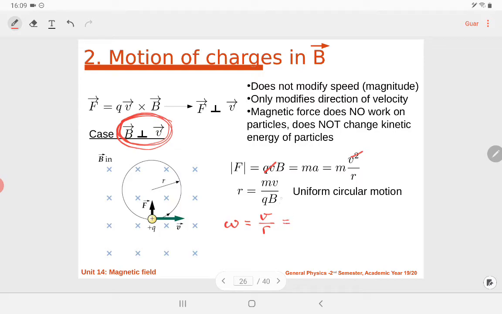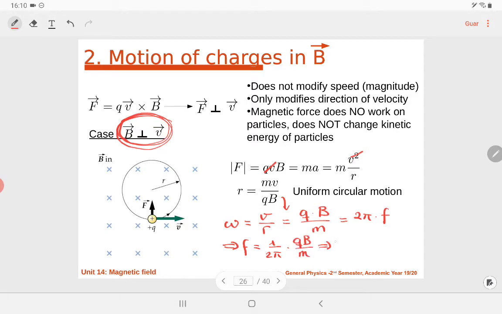So if you put v divided by r, this is going to be equal to qB divided by m. This is the angular frequency, which is called the cyclotron frequency. And as we know that this is 2 pi times the frequency in hertz, the frequency is going to be 1 divided by 2 pi times qB divided by m.